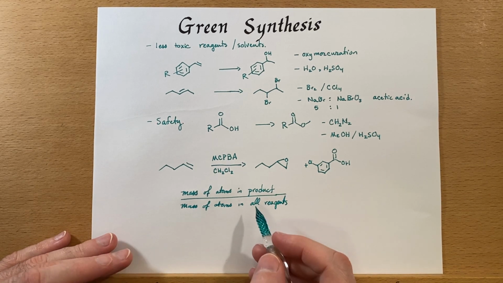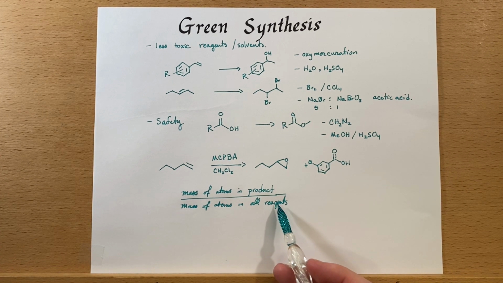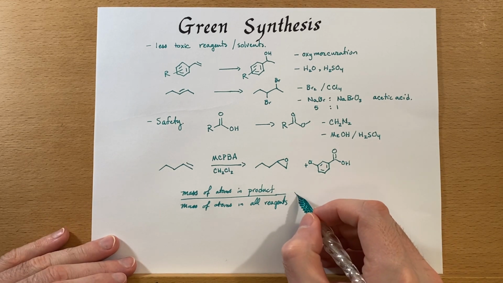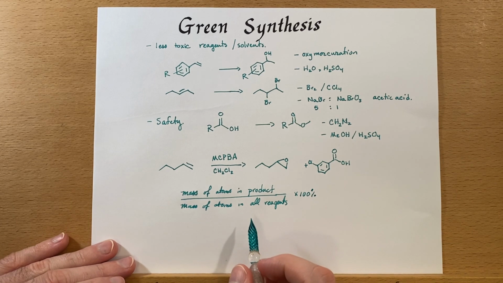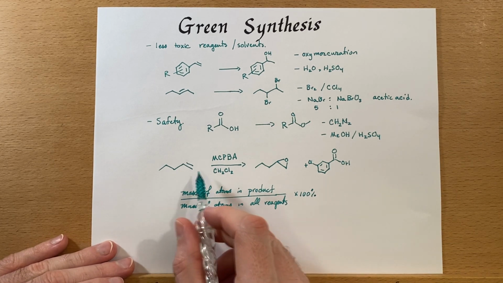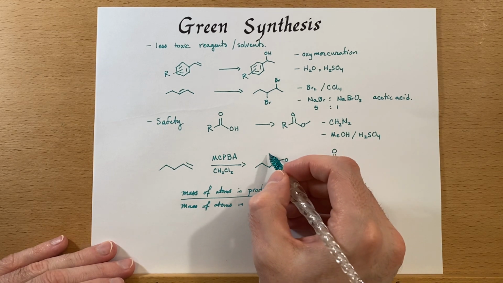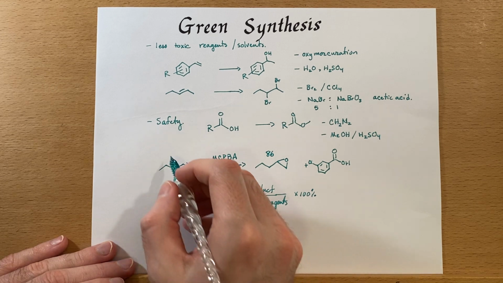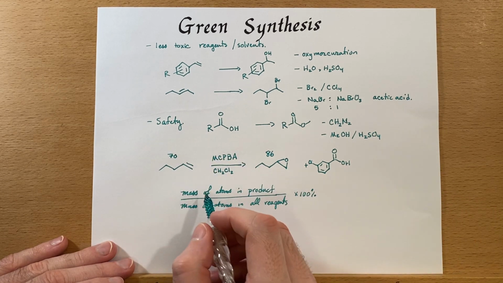So essentially, this is just asking how much of the reagents that we're using ends up in the product. And of course, we'll multiply by 100%. If we do this for this particular example, you'll notice that we have a mass of about 86 grams per mole for this. This is about 70 grams per mole.